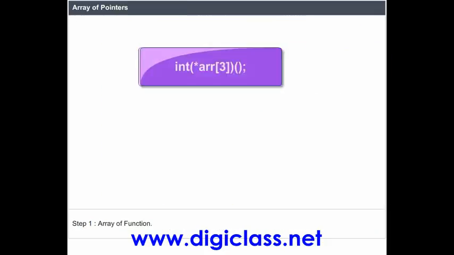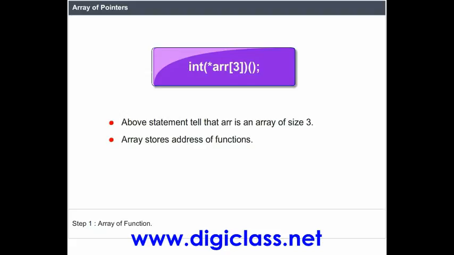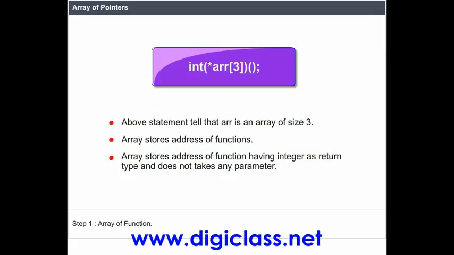Array of function pointers. Step 1: array of functions. int (*arr[3])(); The above statement tells that arr is an array of size 3. The array stores addresses of functions. It stores addresses of functions having integer as return type and not taking any parameter.